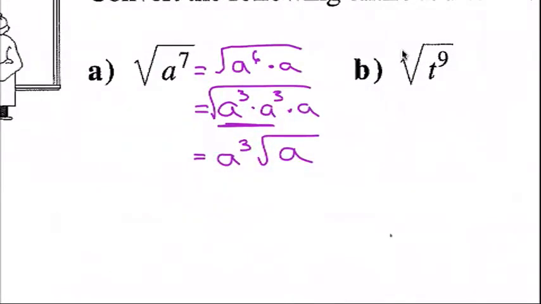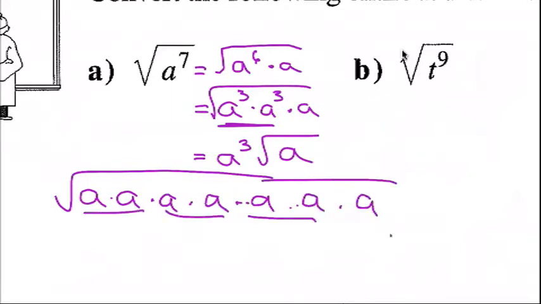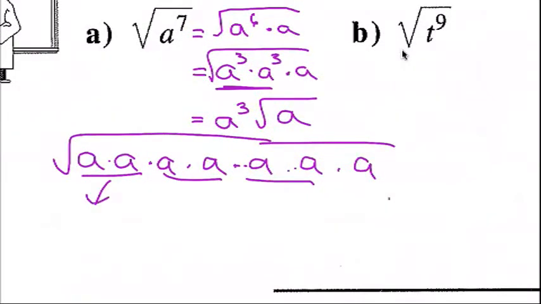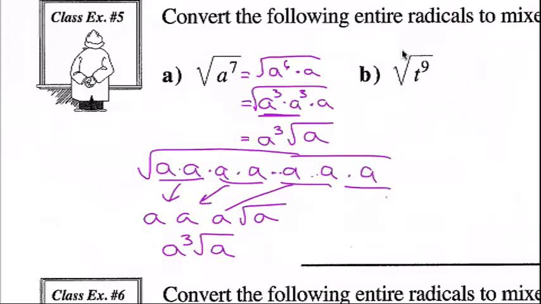Prime factorization, this would be a times a times a times a times a times a times a, the 7 of them. There's a group of 2, there's a group of 2, there's a group of 2. That's going to give me a cubed, square root a, my leftovers, same place.